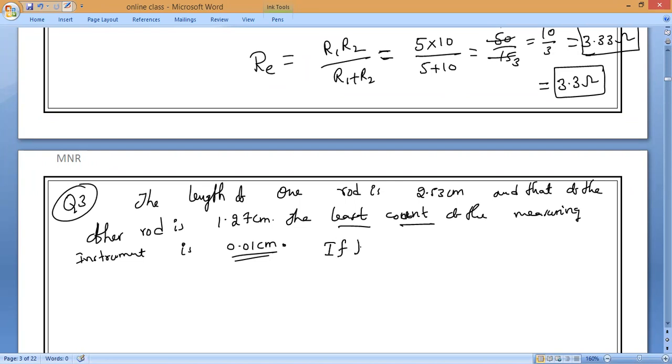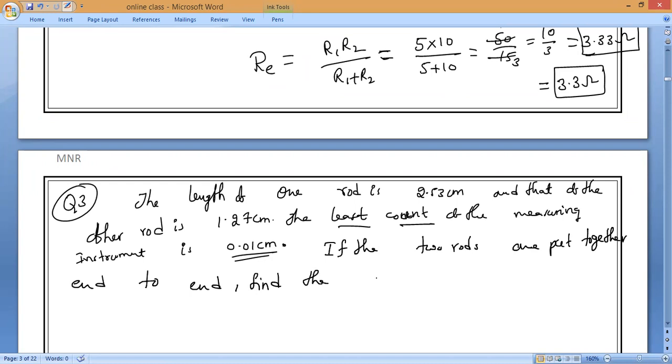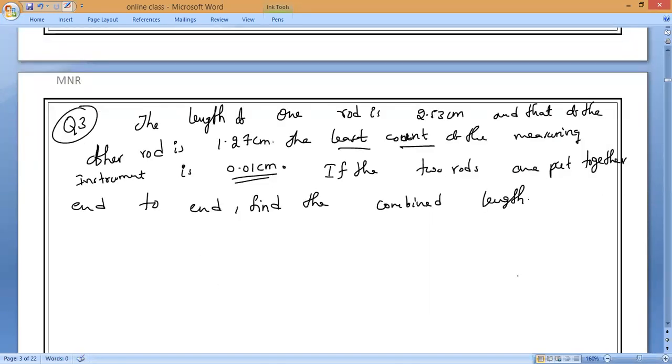If the two rods are put together end to end, what does that mean, series or parallel? Series. Find the combined length. Is it clear, everybody? I have given you two rods.